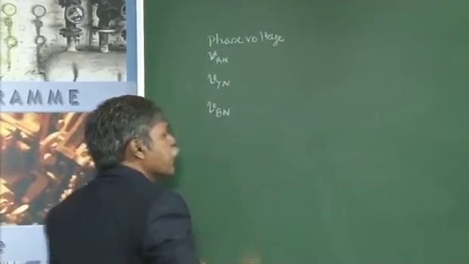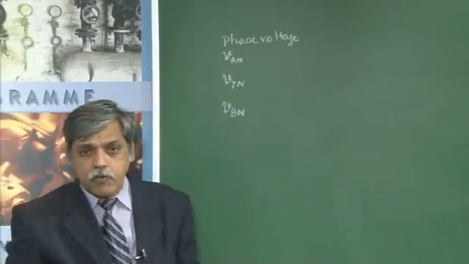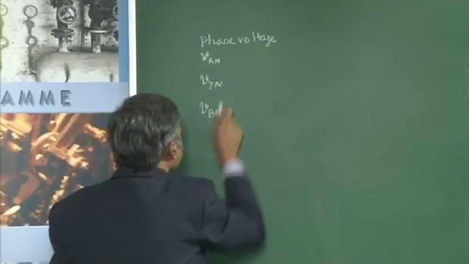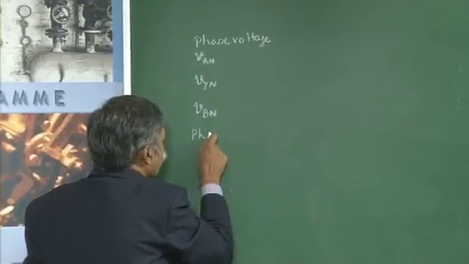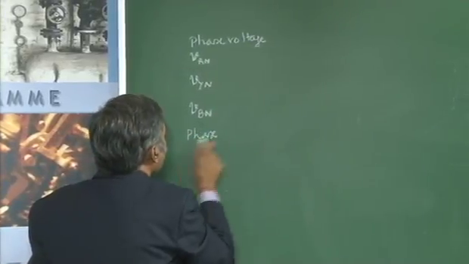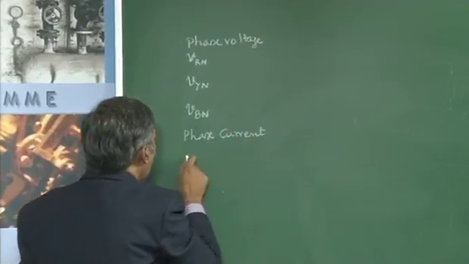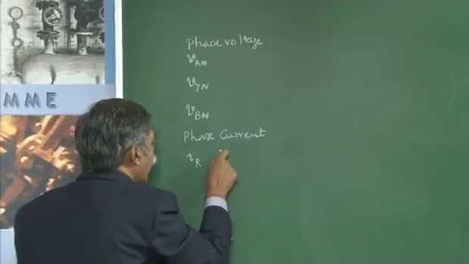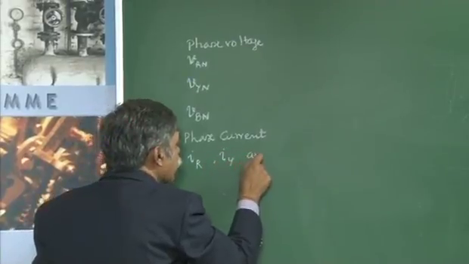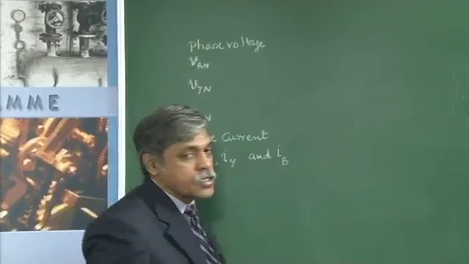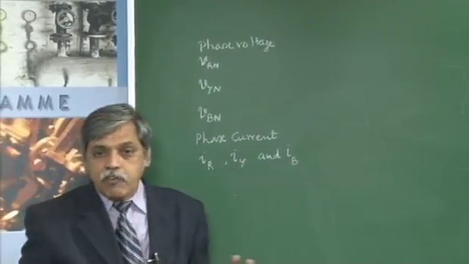These are the 3 phase voltages of this 3-phase system. And then the resulting current, when I give these voltages to a star connection, I will be getting phase currents IR, IY and IB. These are the respective phase currents in the system.